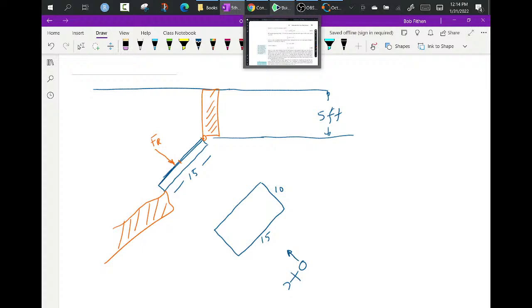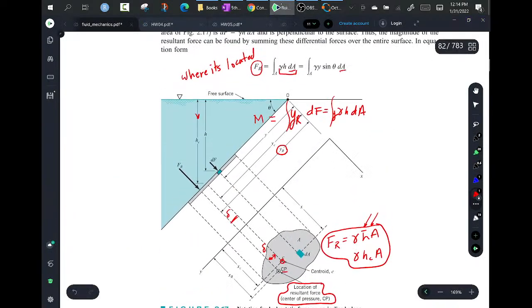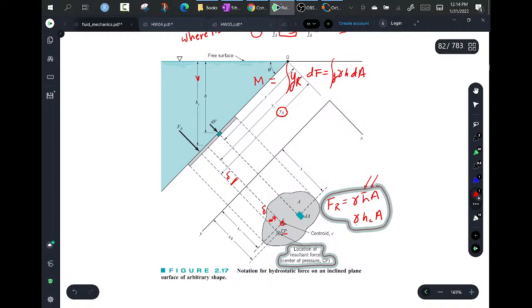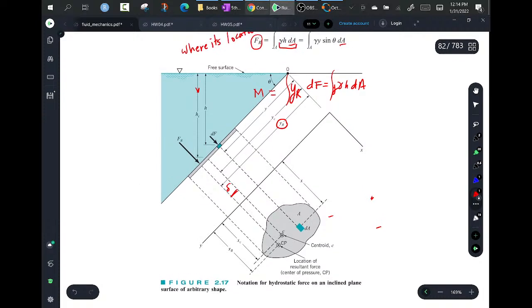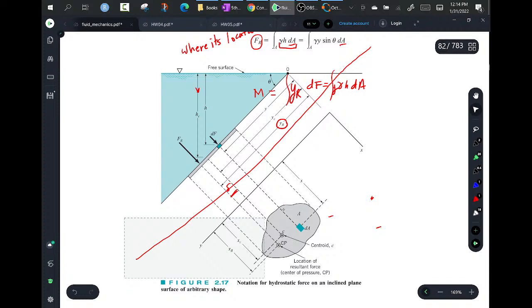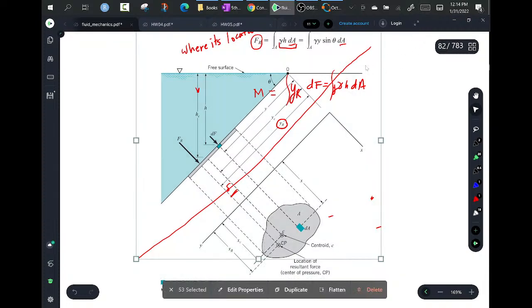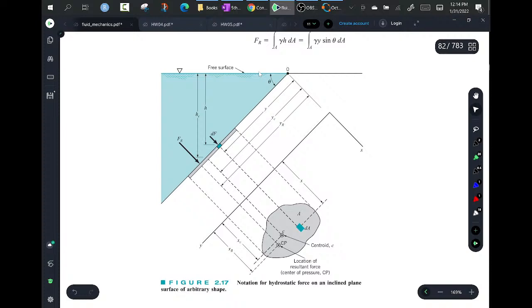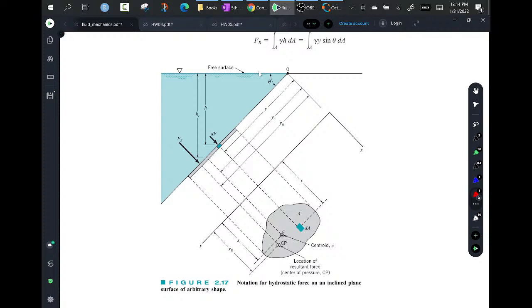Now, let's compare back to the drawing, because it's important to keep up with the way he's developed this. And by the way, it's not just here. They've developed this same equation everywhere. First, he has defined this location as being something special.